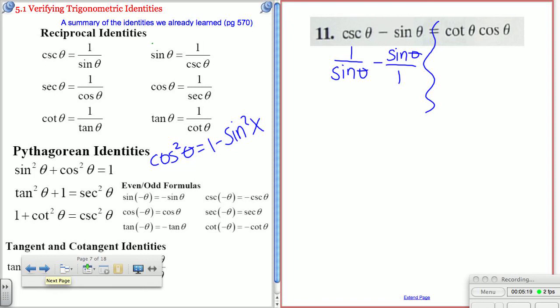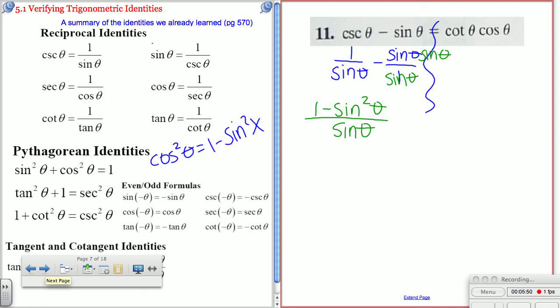So I'm missing a sine and another sine there. So I'm going to get 1 minus sine squared theta all over sine theta when I combine those fractions.